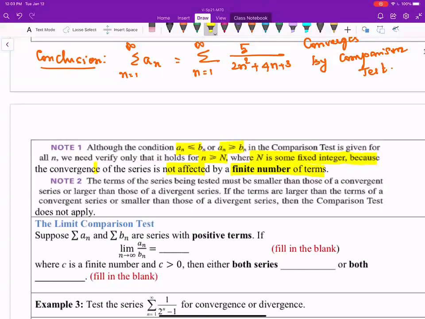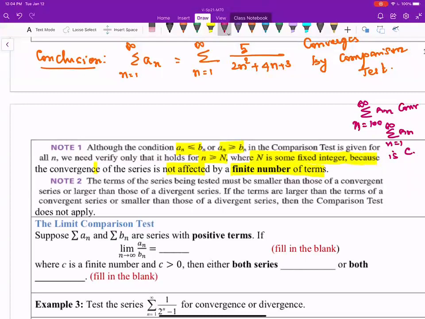See, if you say sigma n varying from, let's say, 100 through infinity of an is convergent by some test, then that automatically means that sigma 1 through infinity of an is also convergent. So what is the difference between n starting from 100 and n starting from 1? The difference is only 99 terms.